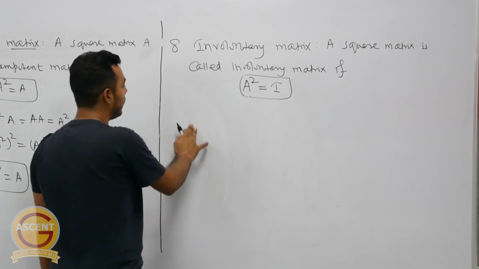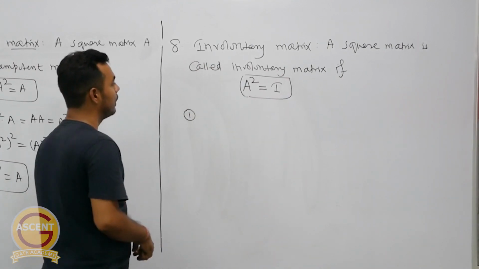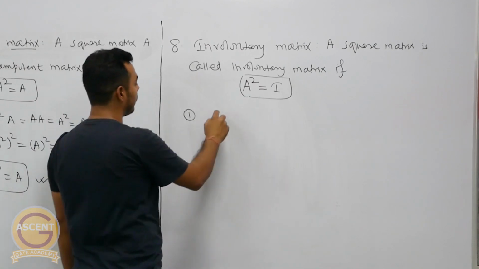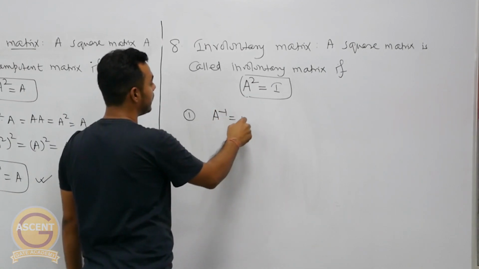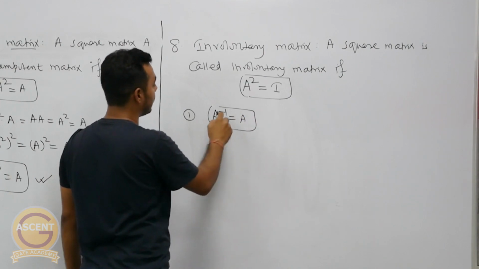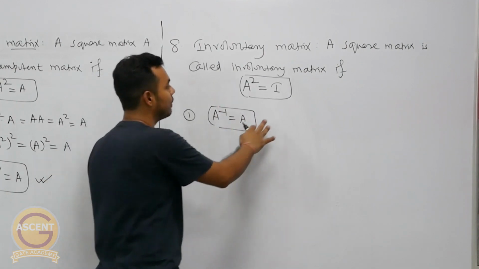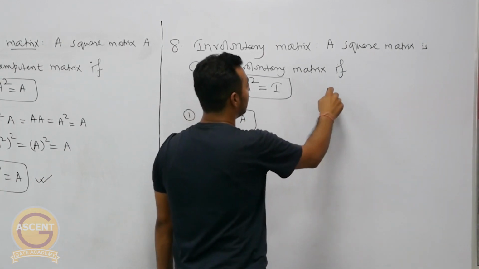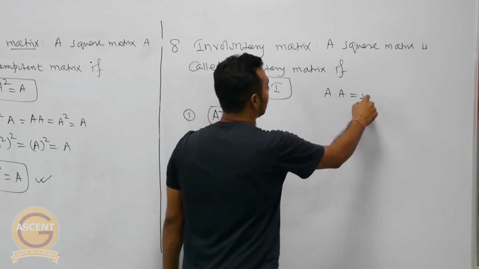Now the first point related to the involutory matrix is that the inverse of matrix A is the same matrix A. Again, this is self-explanatory once we know the definition of inverse. Here we have the relation A into A is identity.